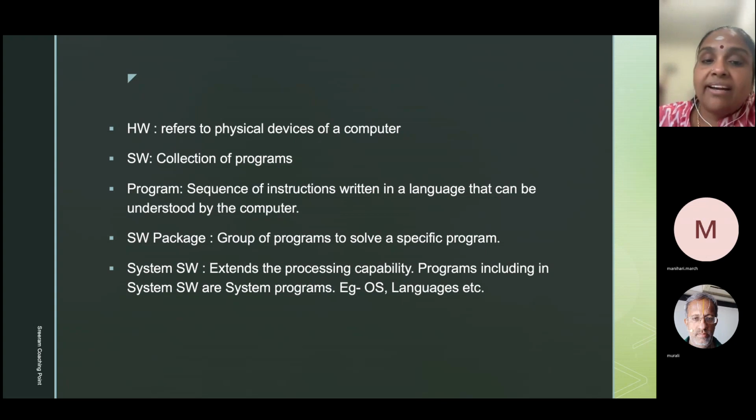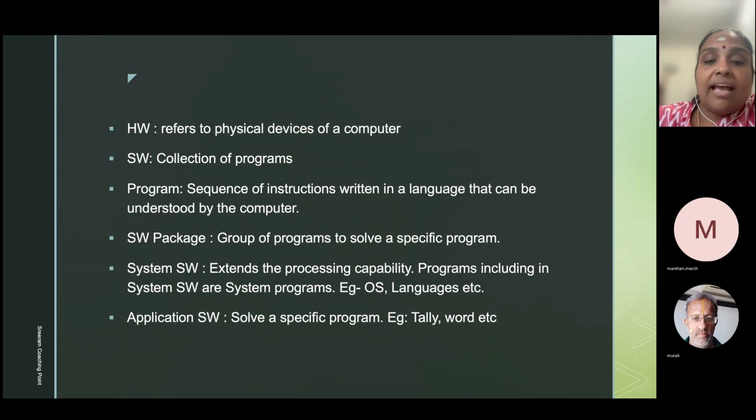System software extends the processing capability. This is a key word. System software is like OS and languages, and application software is for a specific purpose like Tally, Word.